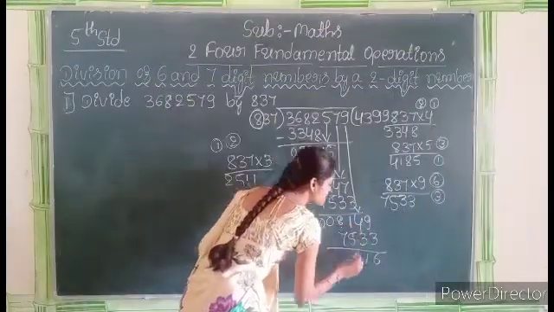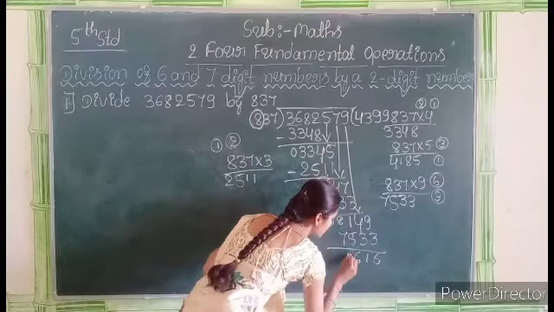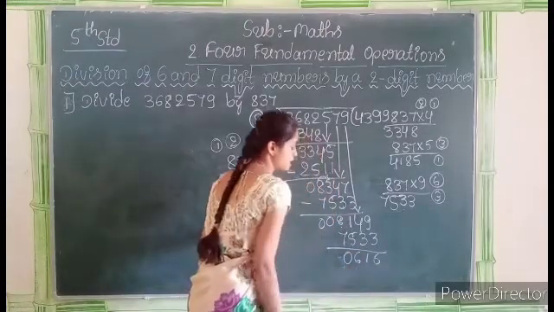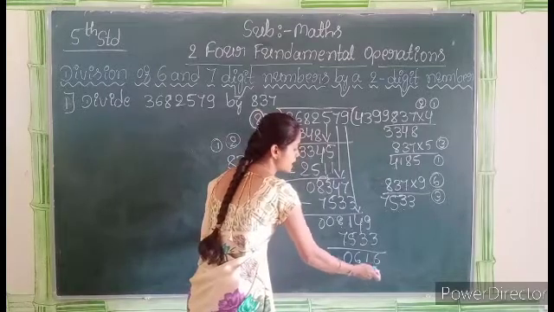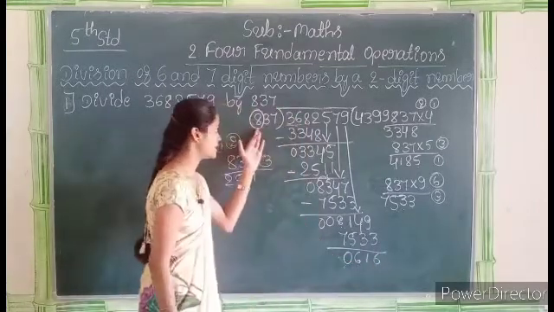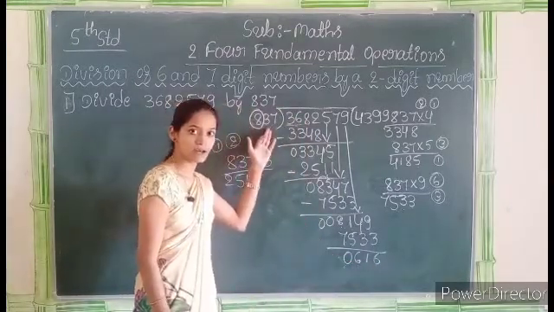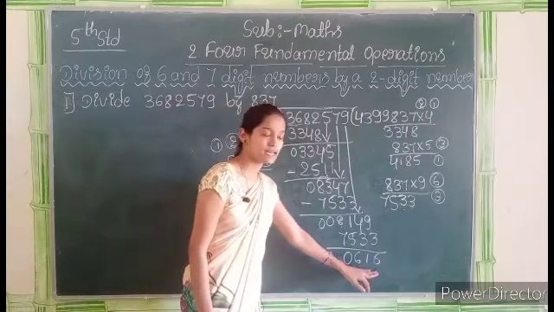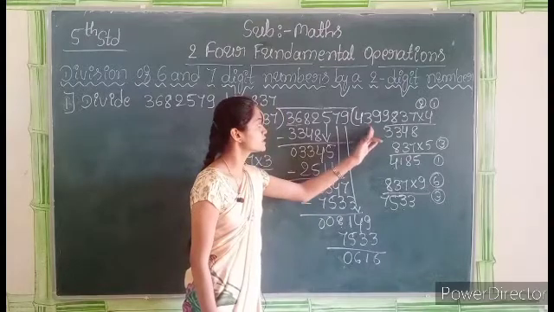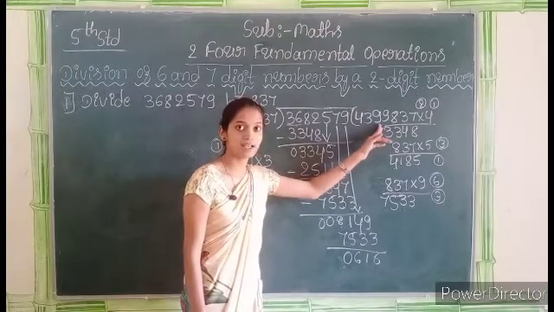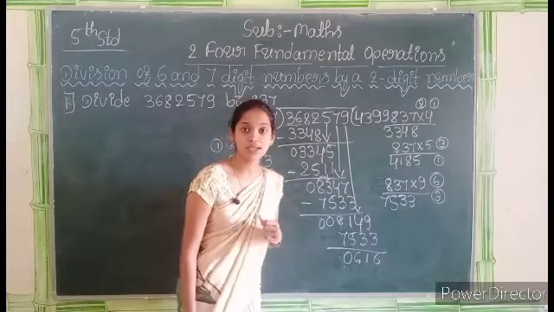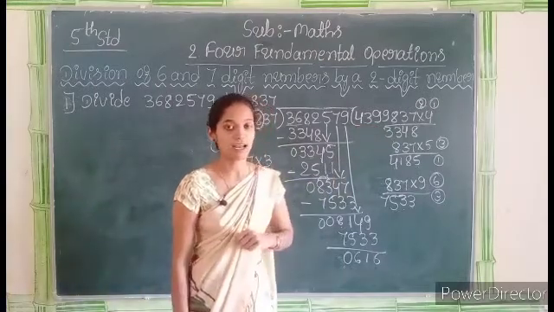That means 11 minus 5, 6, 7 minus 7, 0. We get 616. We cannot divide 616 by this 837. Okay, we get 616 as remainder and 4399 as quotient. Like this, we can divide 7-digit number by a 3-digit number.